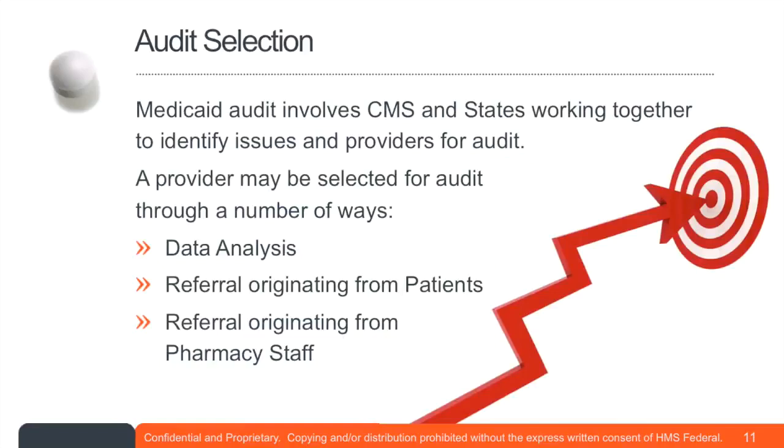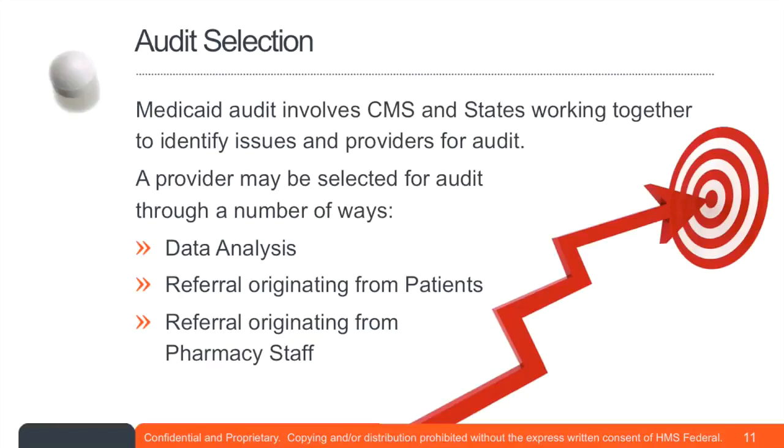So audit selection. The pharmacies selected for audit are selected on a random basis, but that random basis is data-driven and from data of probable improper payments. This slide talks about the Medicaid audit, which involves CMS, or Centers for Medicare and Medicaid Services, and the states working together to identify issues and providers for audit.